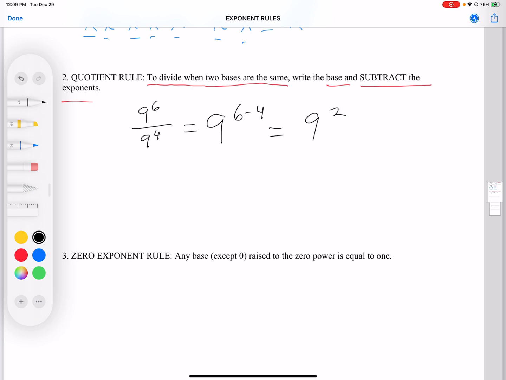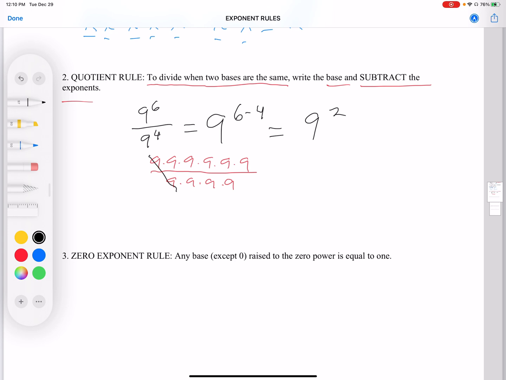Now, why does this work? Well, let's see. If I have 9 to the 6th, that means 9 times 9 times 9 times 9 times 9 times 9 over 9 to the 4th. What happens in this case? Well, a lot of things are going to end up canceling out.